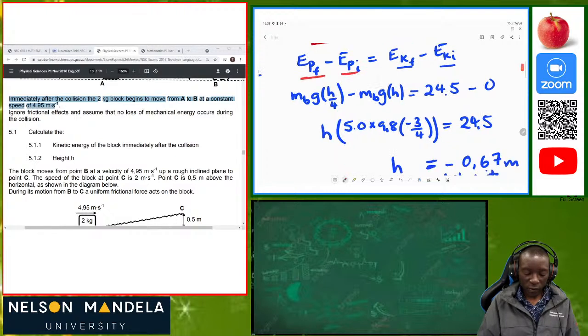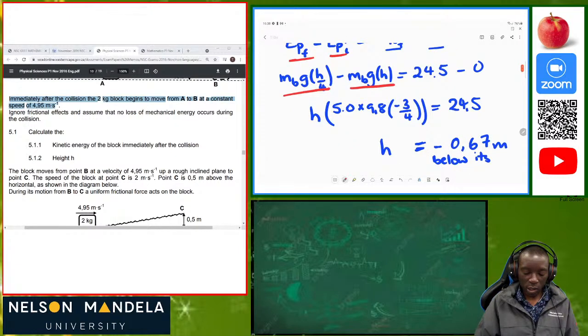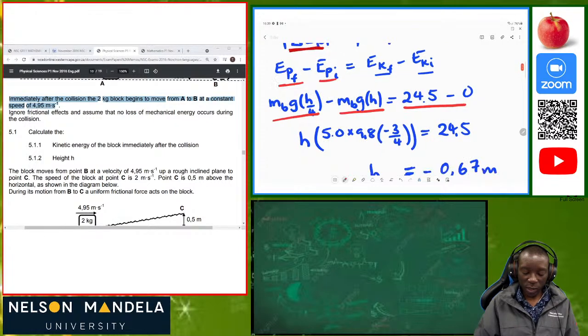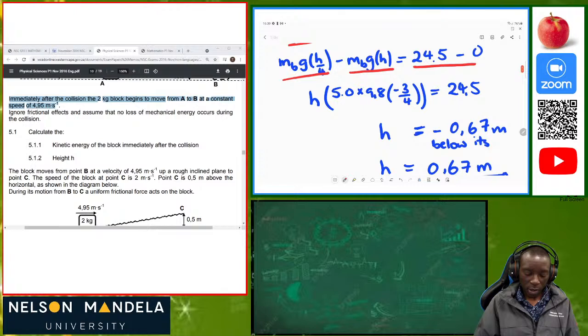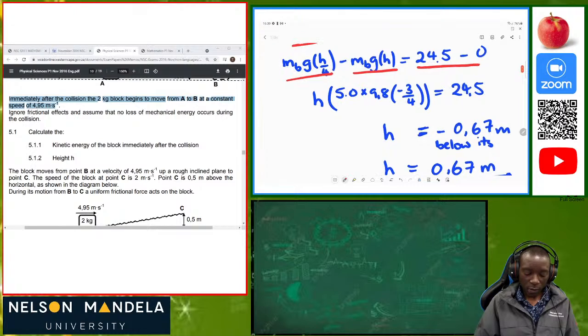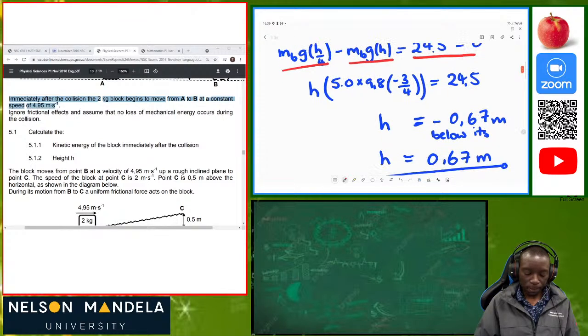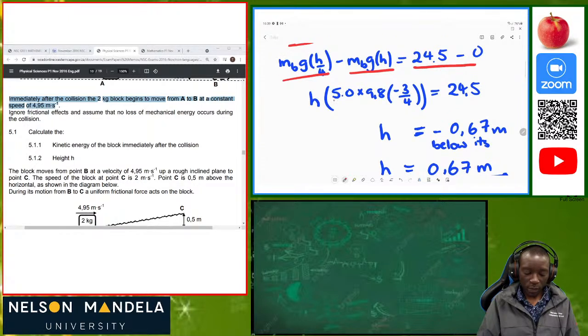Hence, we have the final potential energy is when H is H over 4, and the initial is when H is equal to H. And the change in kinetic energy is final 24.5, which we found in the first part, minus 0. And that gives us H times m, mass of the bob, times g, times 1/4 minus 1, which is minus 3/4, is equal to 24.5.